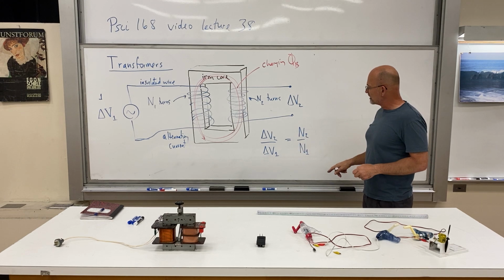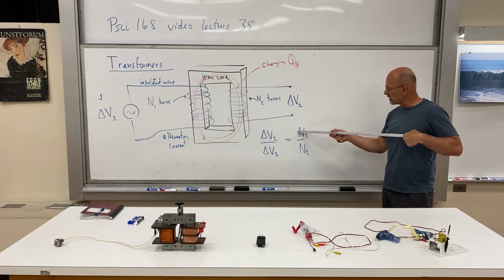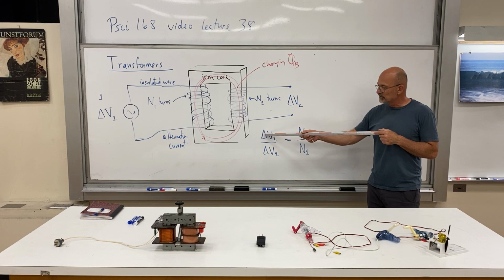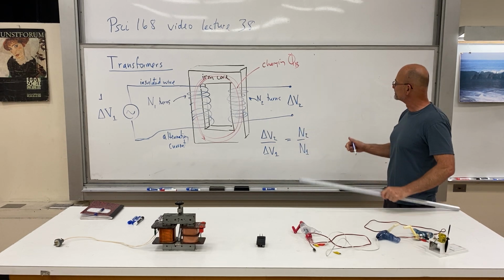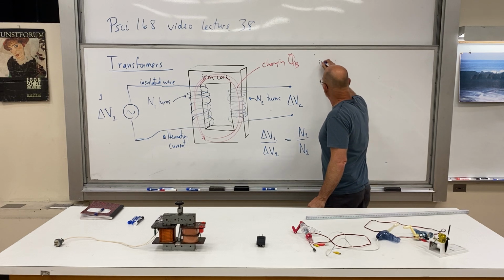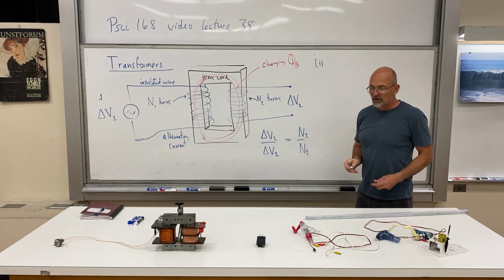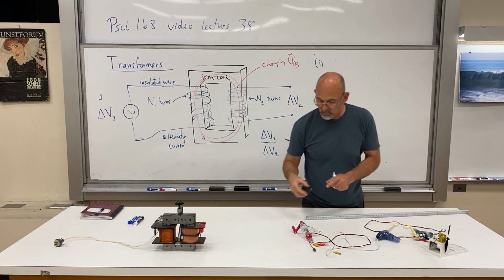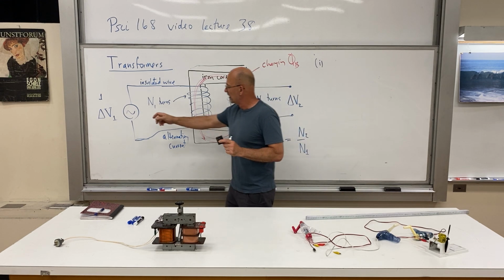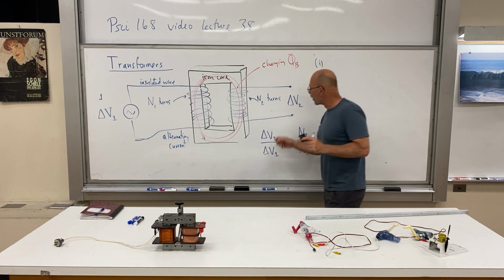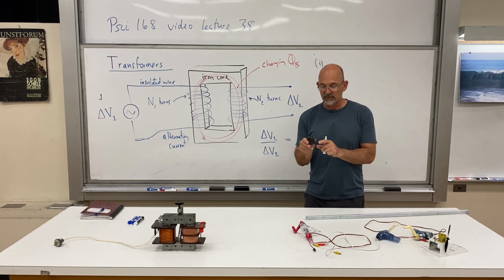Now, if the number of turns was the same, then of course the voltages would be the same, and that wouldn't be what we're trying to do. So for safety, what we like to do is go from 120 volts down to 12 volts for these devices.